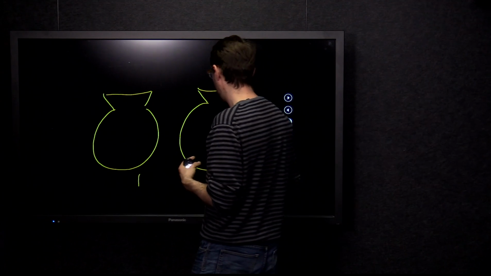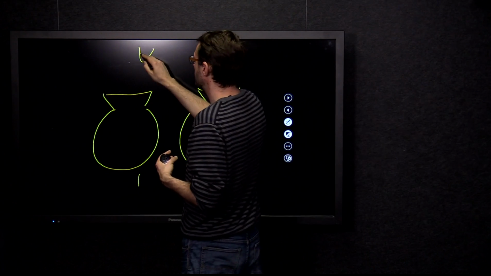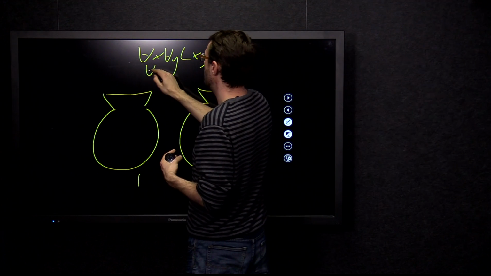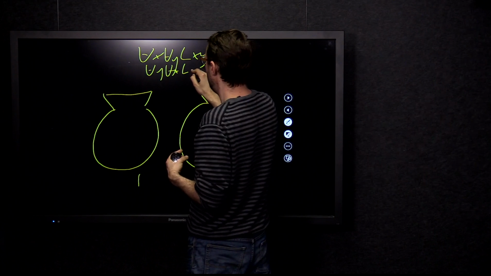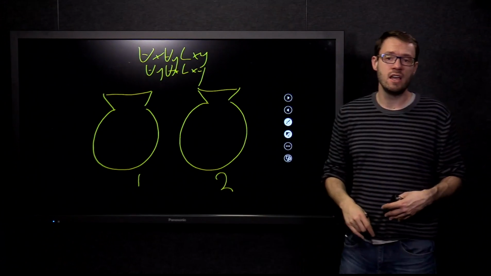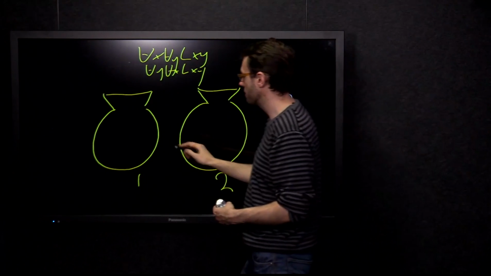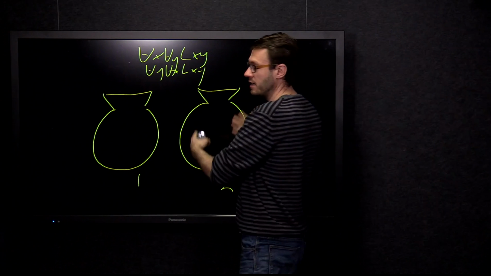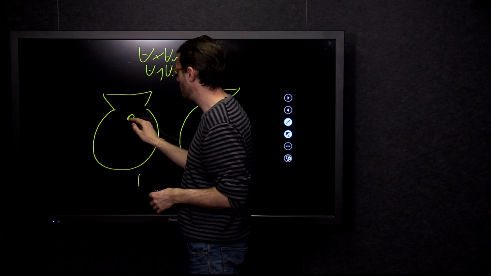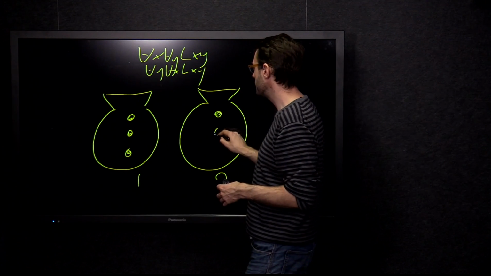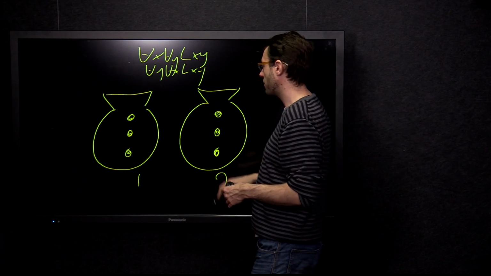Our two sentences are for all x, for all y, Lxy, and for all y, for all x, Lxy. Now let's just suppose for simplicity we've got a very simple universe, and this isn't two distinct bags, this is the same bag for the first pick and the same bag for the second pick, and that we've got just three things inside our bag. So there are just three things to pick from.